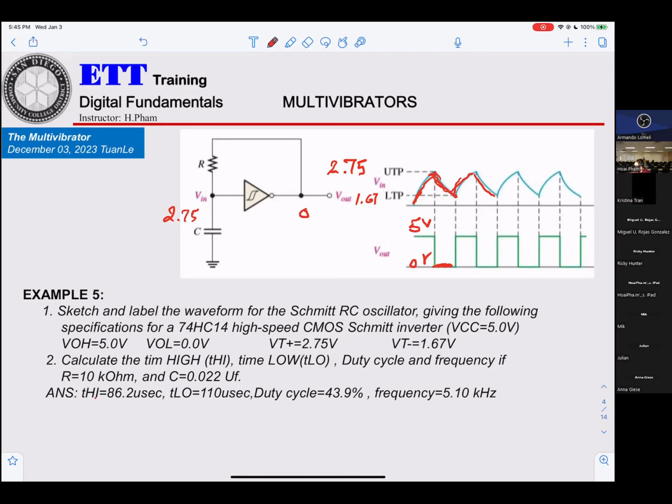That means if you get a 10K here, and the capacitor 0.022 microfarad, the answer will be T high, 86.2 microsecond, T low, duty cycle, and the frequency.